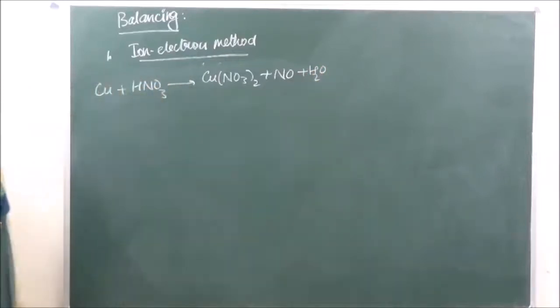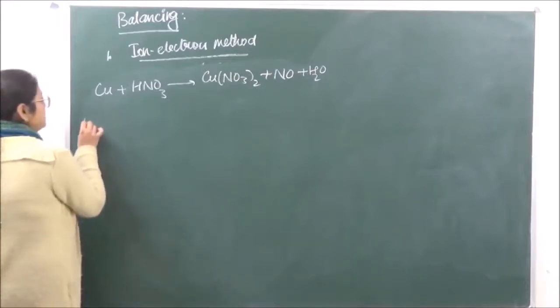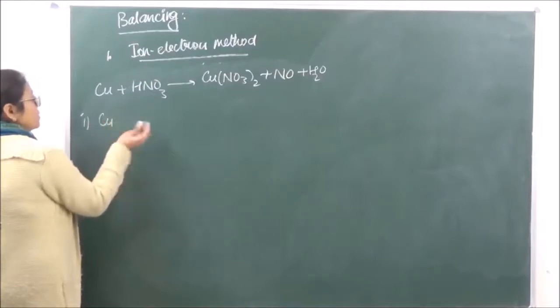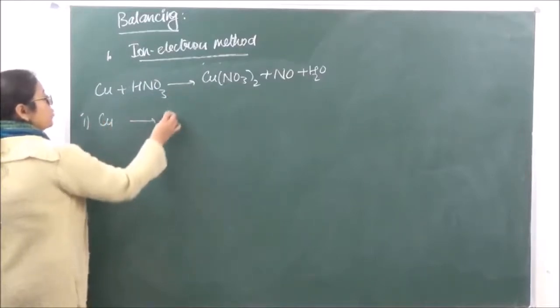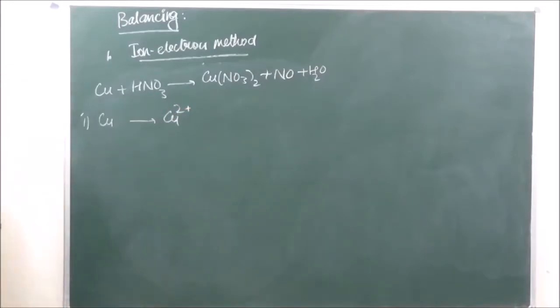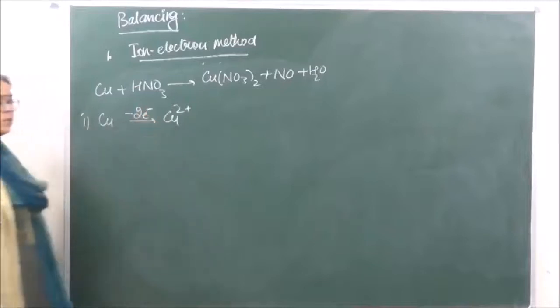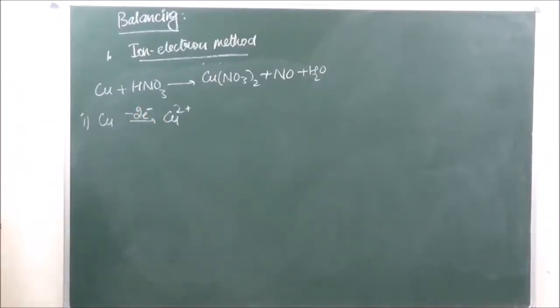Okay. Now over here again we will have to write the ionic reactions. What is going to be the ionic reactions? Copper is converted into Cu2 positive. Okay, 0 to 2, that means number of electron exchange which is taking place over here is going to be -2, right?